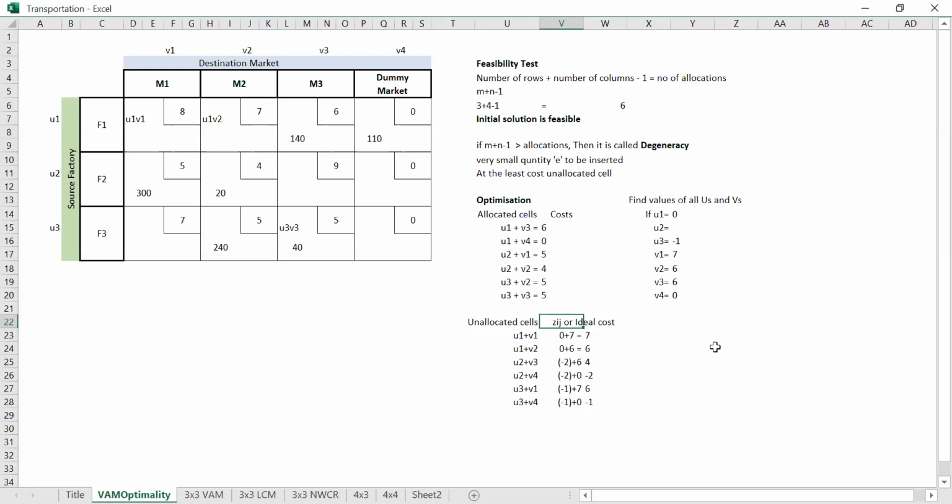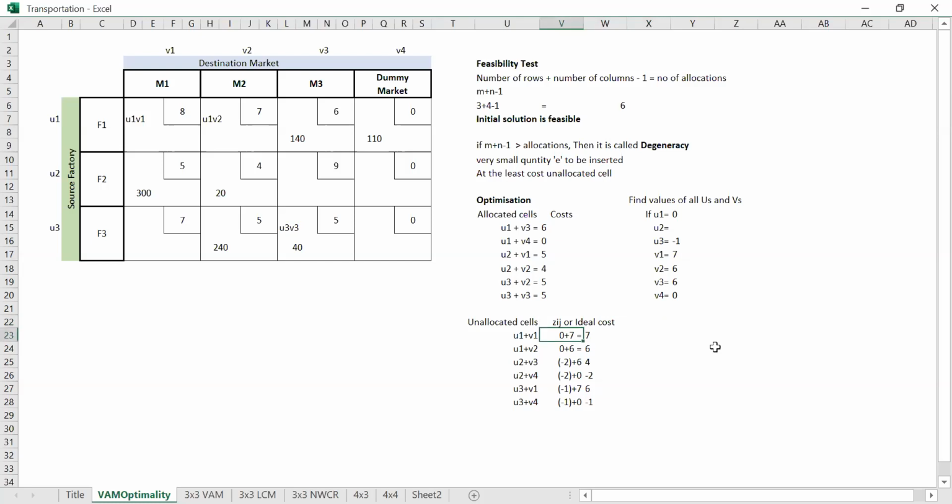So what should be the ideal cost for the unallocated cells? I'm not going too much in depth into explaining the rationale. Just understand how the optimality test is done, because this is for the restricted purpose of ICMAI students, cost accountant students. If you want more details, you can always look on YouTube or in operations research material. In the interest of time, I'm proceeding further.